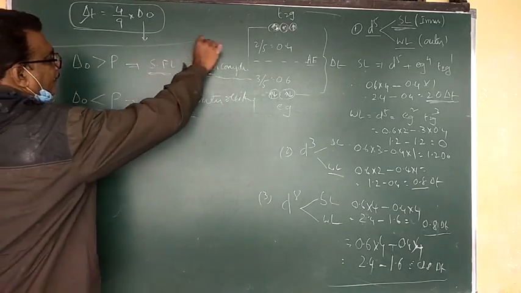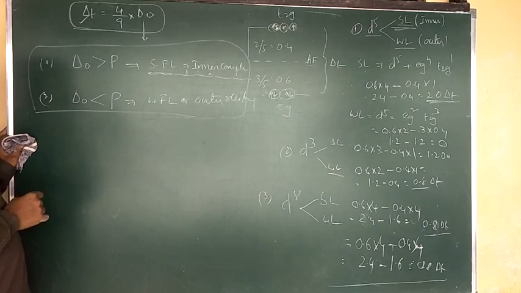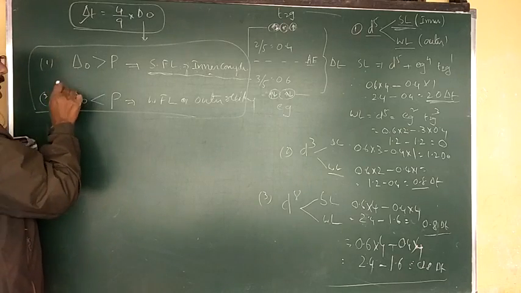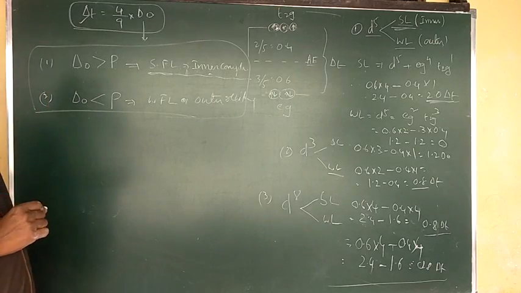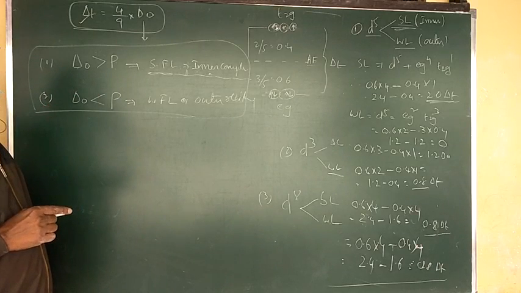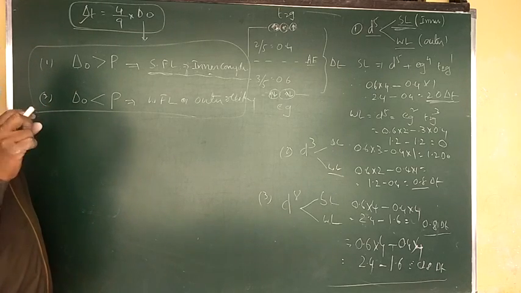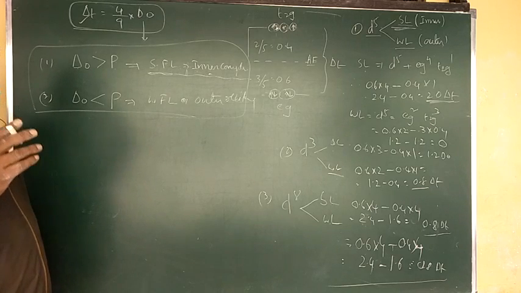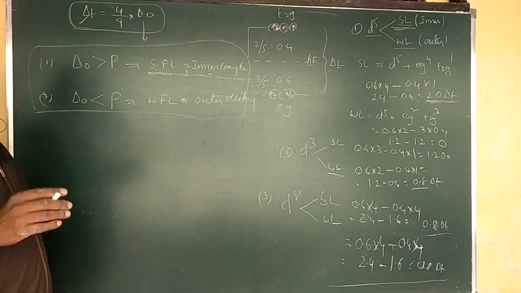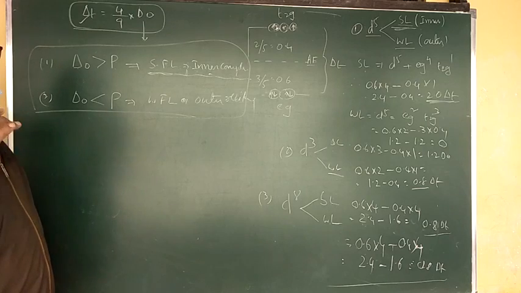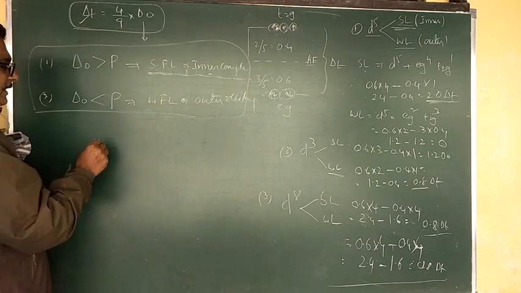These two are very, very most important. Therefore the strong ligand has a higher delta 0 value, and the weak ligand has a lower delta 0 value. Therefore the crystal field splitting energy depends upon the nature of the ligand. Nature of ligand means the stronger the ligand, the greater the crystal field splitting energy.